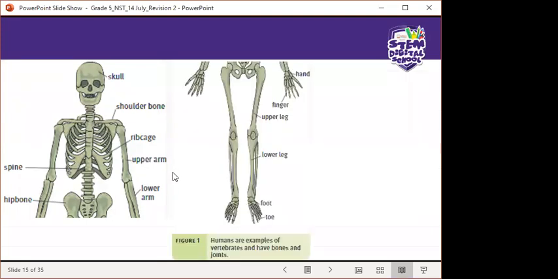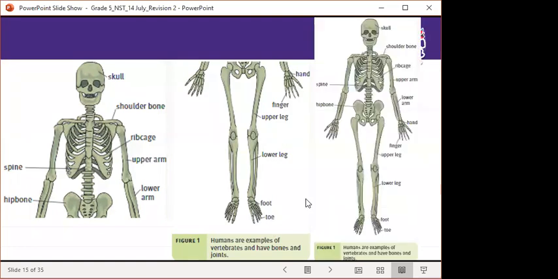And then we also have hands, fingers, an upper leg, lower leg, foot, as well as toes. Humans are examples of vertebrates and have bones as well as joints.